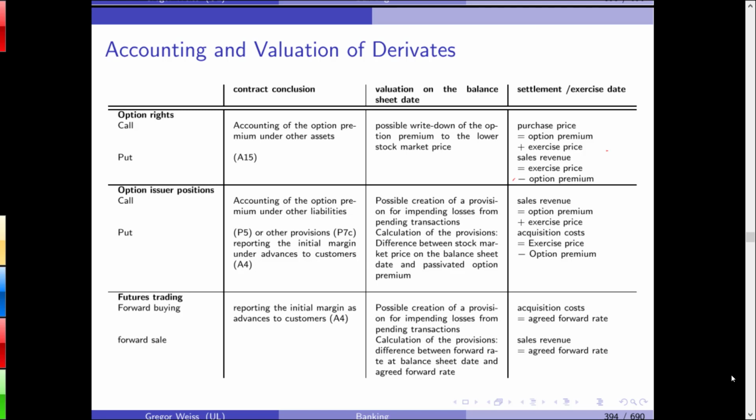So should this be reflected in your balance sheet? Well, this is where accounting rules differ. I told you last time that there is a substantial difference between accounting under US GAAP and under IFRS. And one of the major differences between these two accounting regimes is hedge accounting.